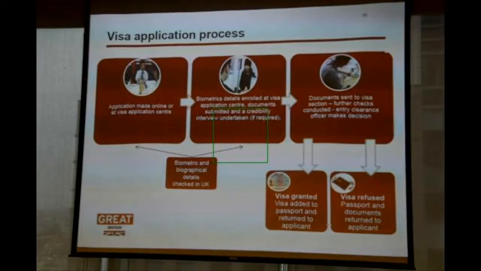You still pay for the application online, and you still print out the application form. The application is then submitted at the VFS application centre. Now what we're asking customers to do is take your passport, take the application form, and also take with you, if you need, any other documents in A4 format.